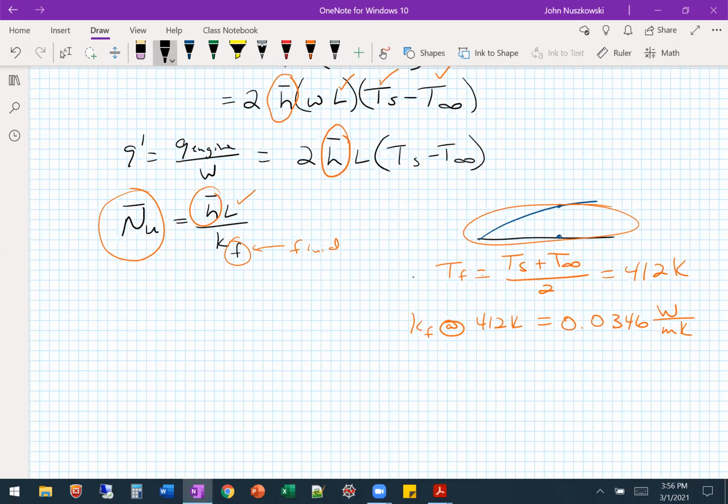Oh, sorry. Go ahead. I was going to say the critical Reynolds number. So the Reynolds number, yeah. So we need to know Reynolds number, right? Because we're going to want to know laminar versus turbulent, right? So we want to get our Reynolds number, okay?